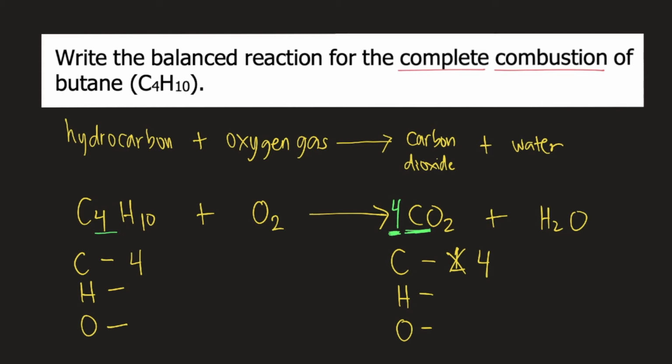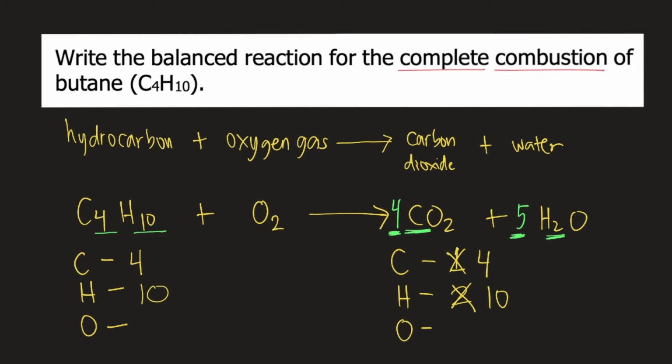Let's move on to hydrogen. We have 10 hydrogens on the left side, and on the right side, we have 2. So in order to balance hydrogen, we need to put the coefficient 5 on water, because 5 times 2, that's equal to 10. So hydrogen is already balanced.